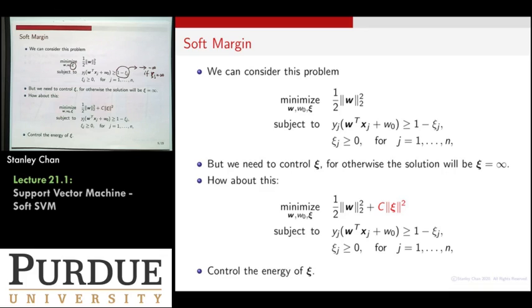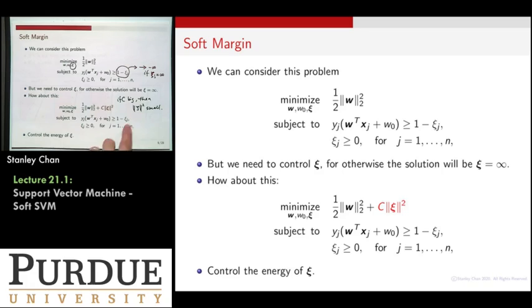However, I do allow you to have some kind of soft decisions. As for how much soft decision you can allow, that is controlled by this parameter c. If you make the c extremely big, then you don't really allow any big psi to appear. So if c is big, then this 2-norm square of psi has to be small, because you're solving this minimization problem, and if c is big, then this term cannot be big.